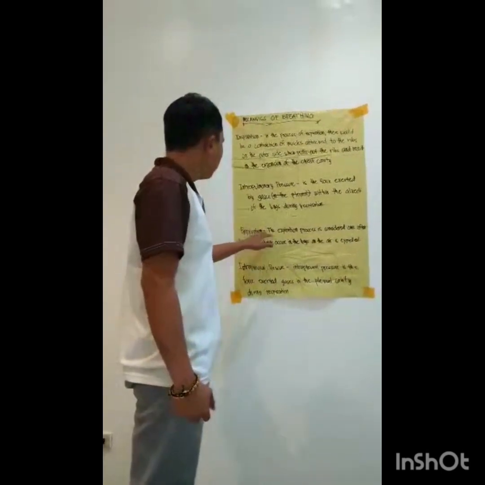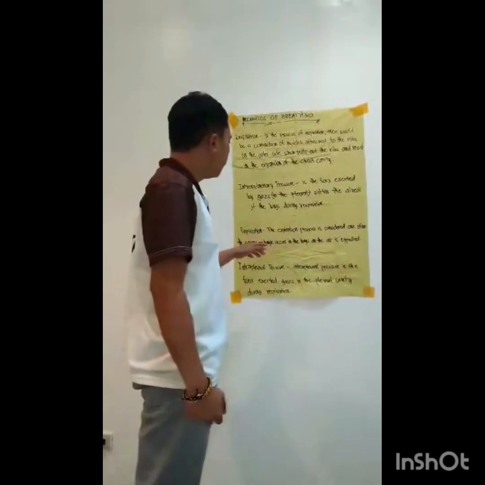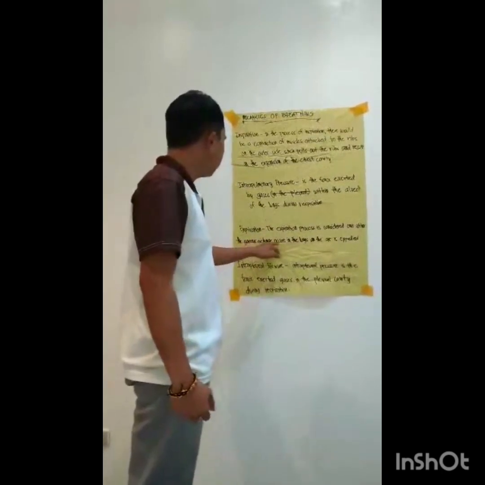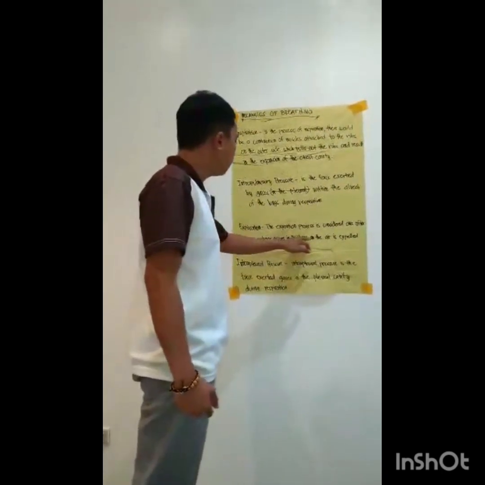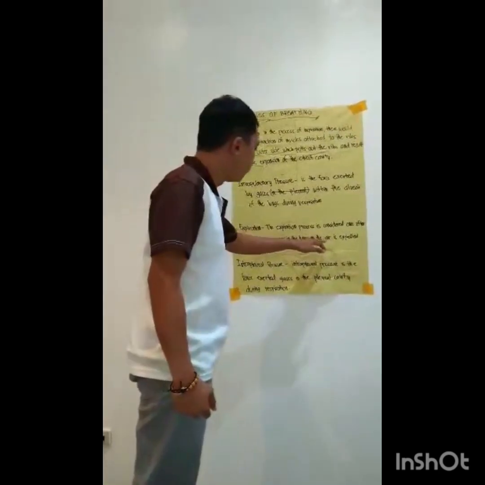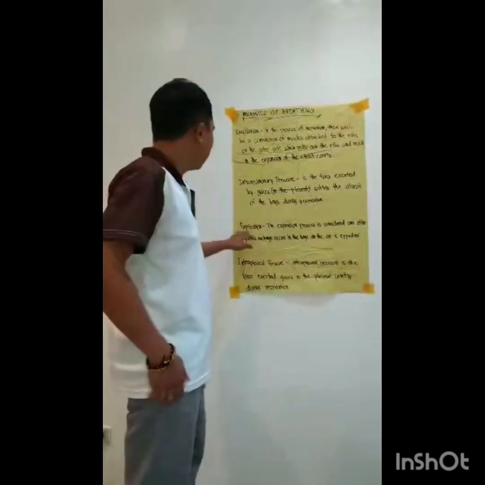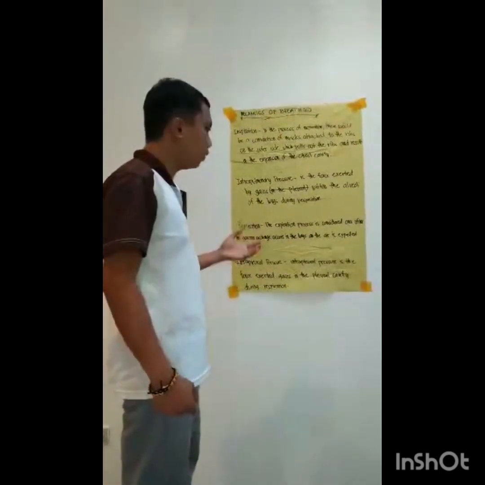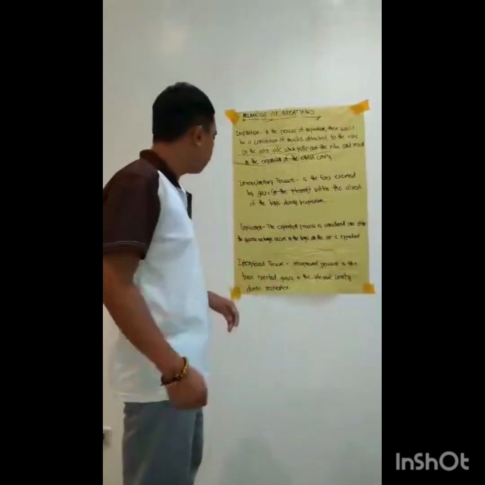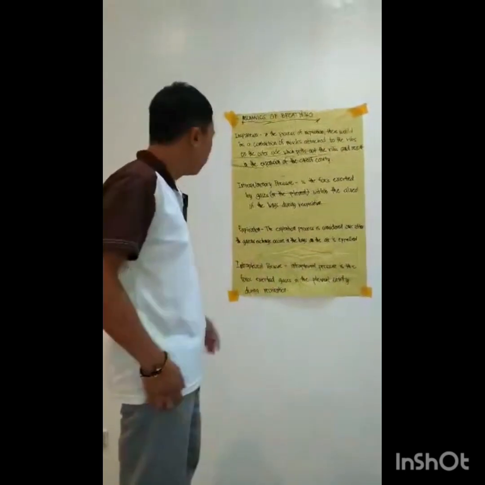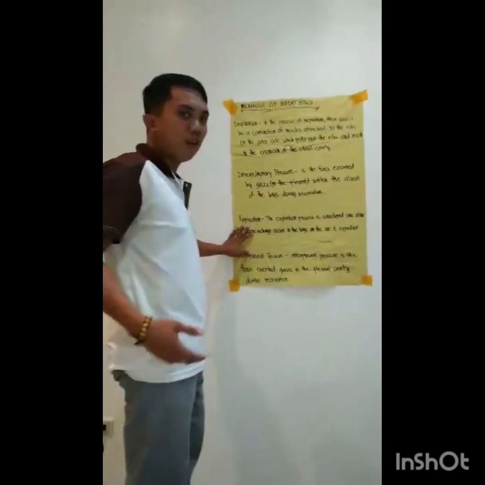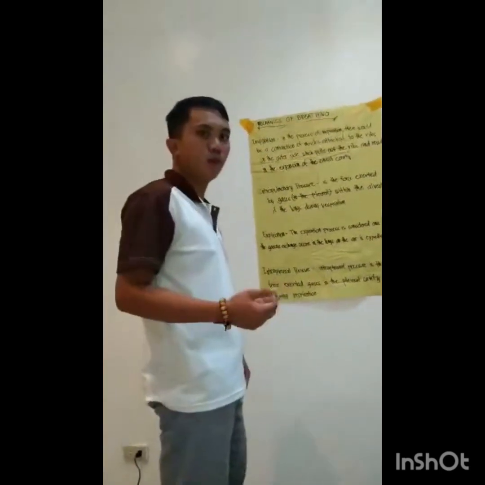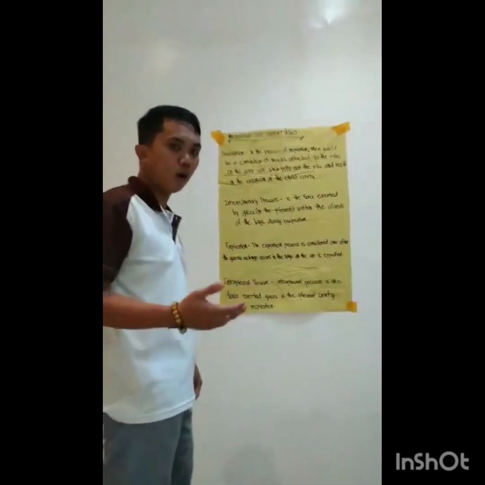The expiration process is considered once after the gaseous exchange occurs in the lungs when the air is expelled. During expiration, ang expiration muscle kay mo relax, forcing gases to flow out of the lungs.